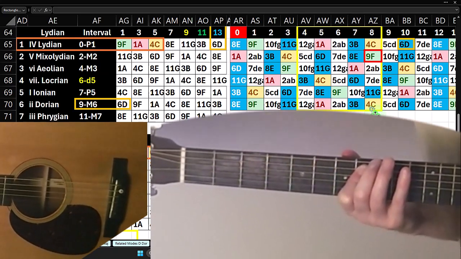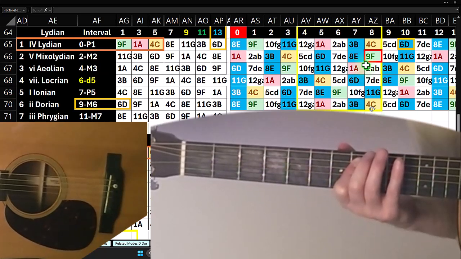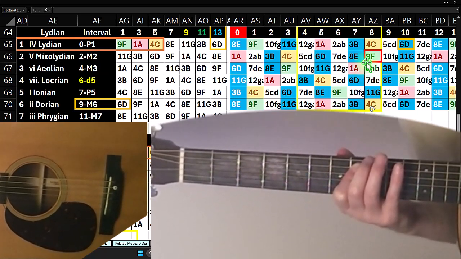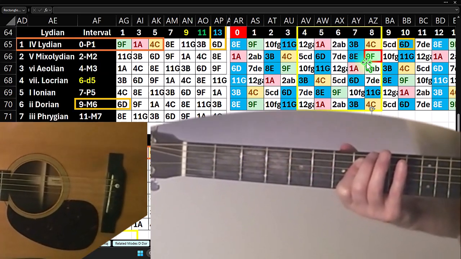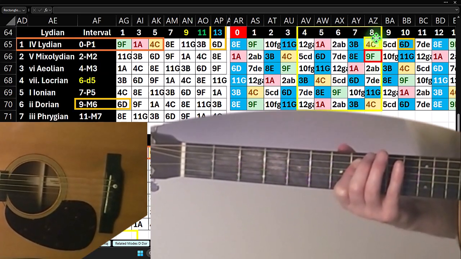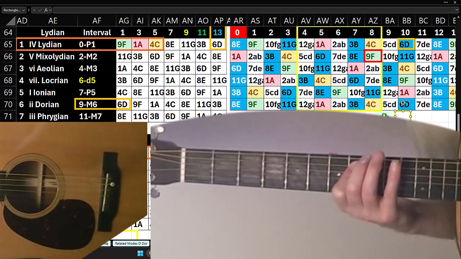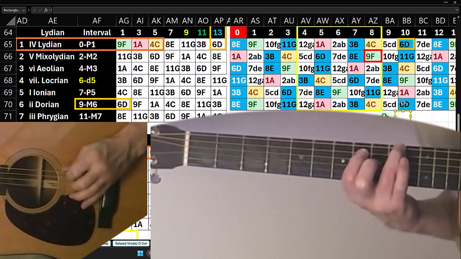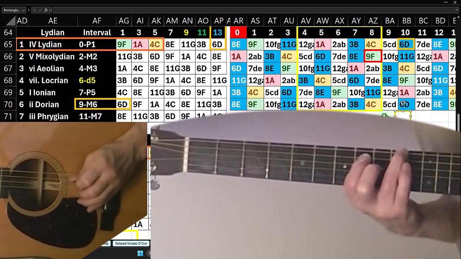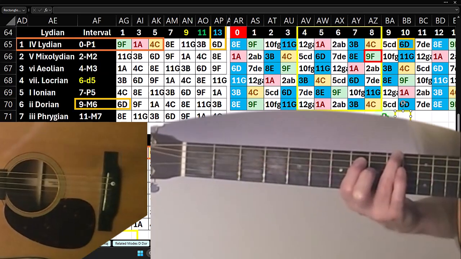All right. So if I go up 1, I have to take the inverse distance. So 12 minus 9 is 3. So I'm going to say -5, -4, -3. So that means that if I go from here to here, the D to the F, that would be a 3-note away minor third distance.